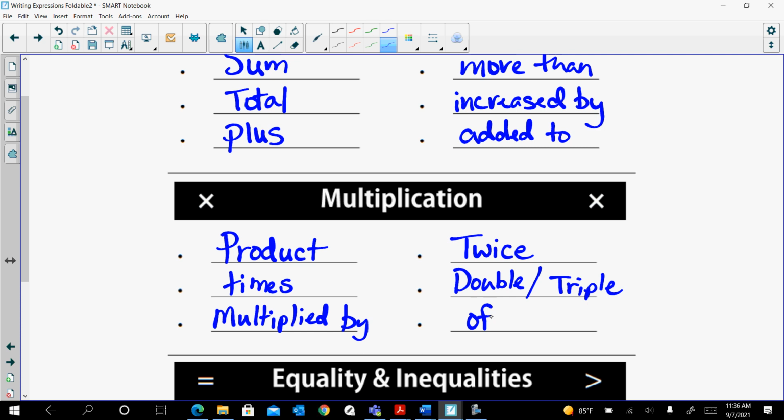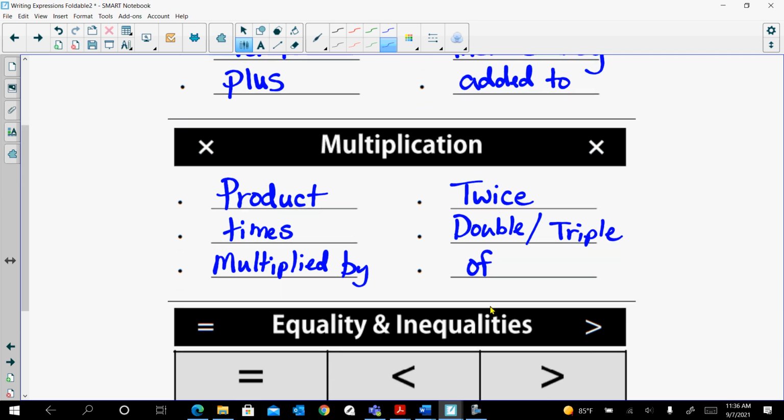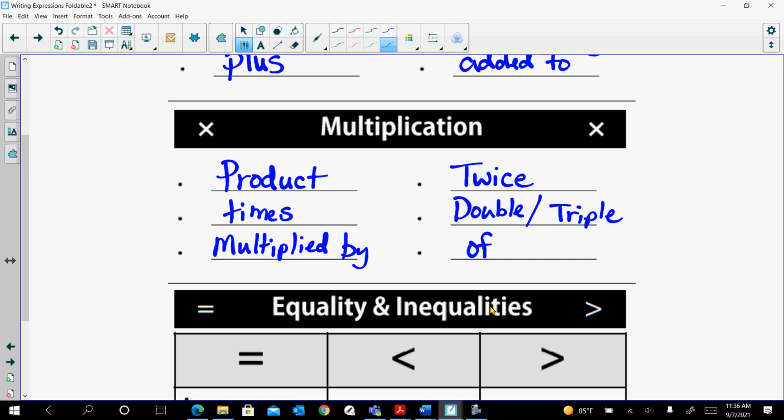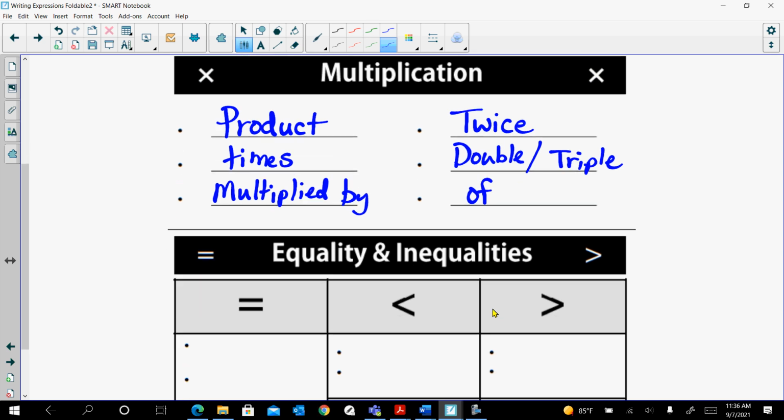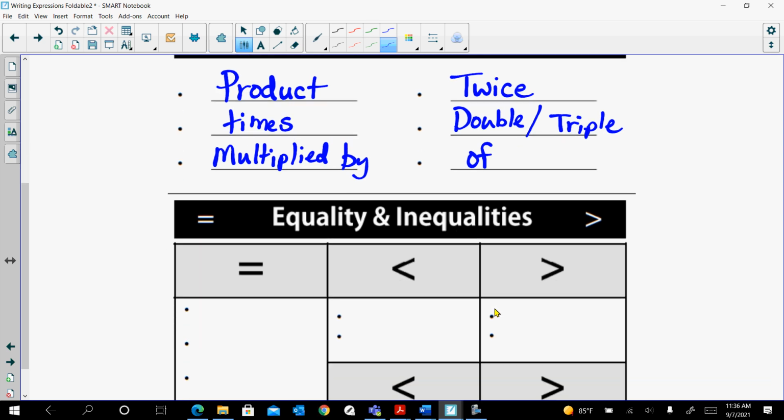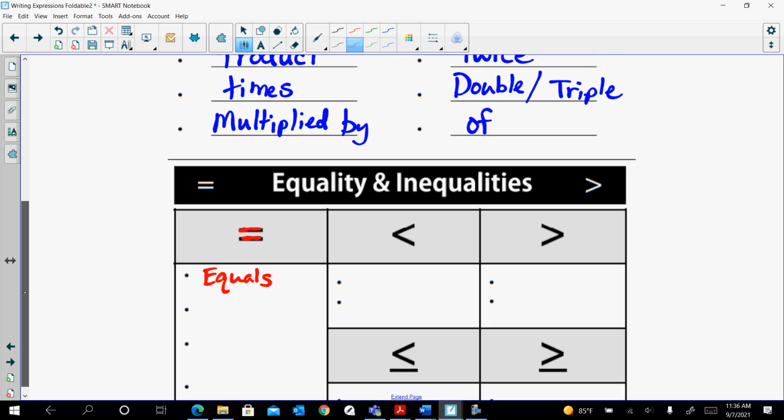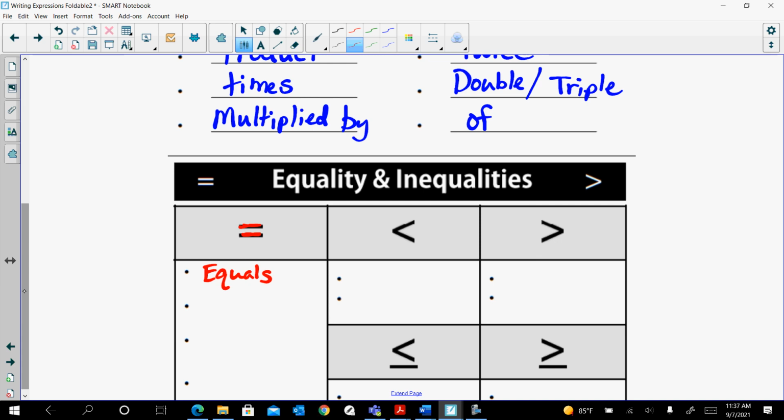All right, now our symbols are inequalities and equality symbols. The equal symbol, I mean, everyone's pretty much familiar with that symbol. Anytime I see equals, I'm going to use that symbol. But the most common one is when I see the word is.